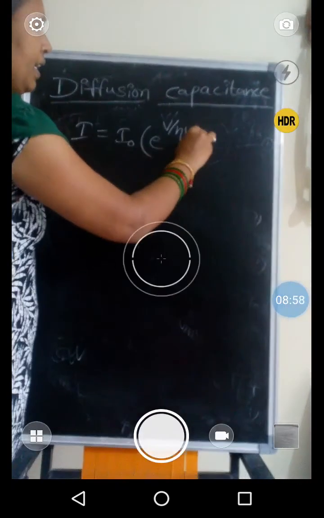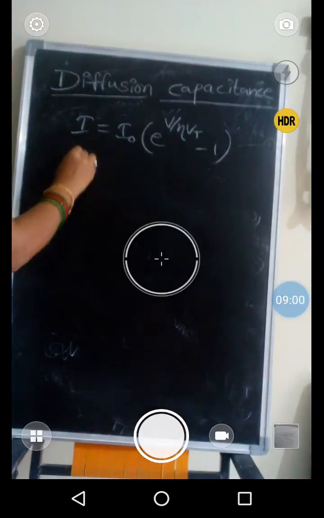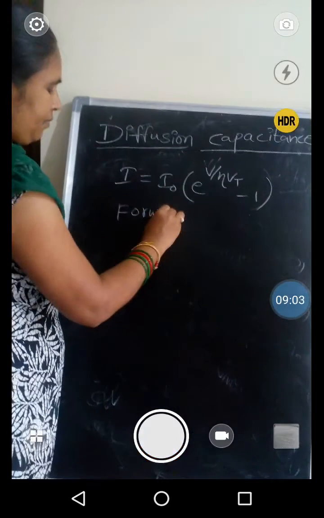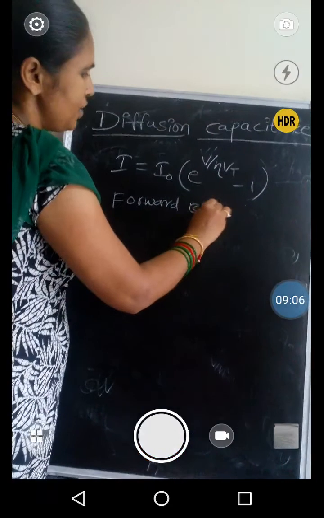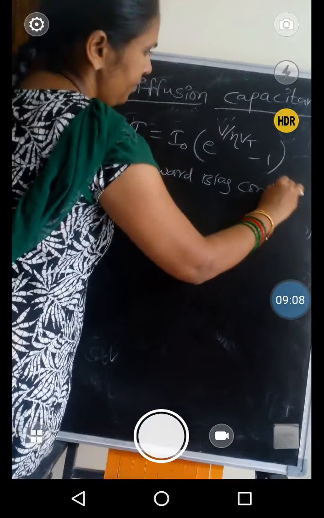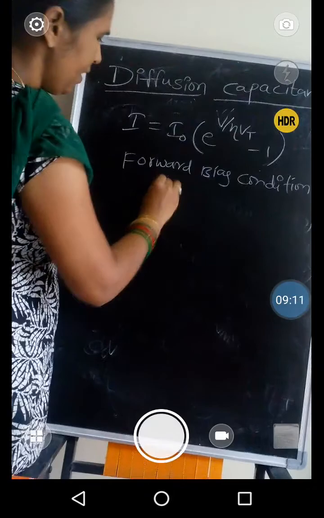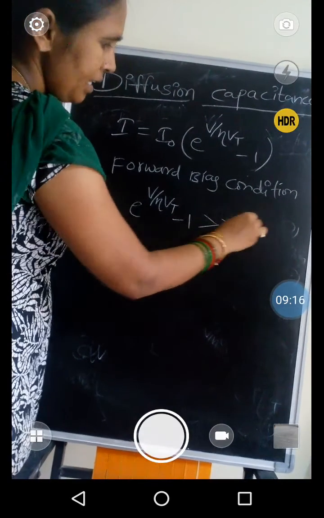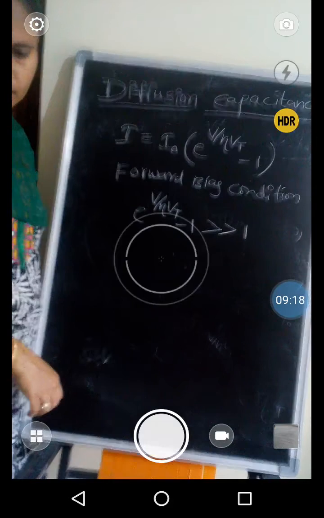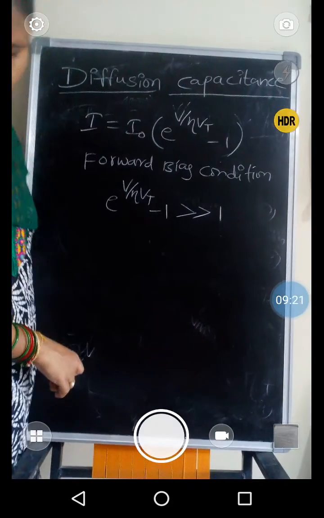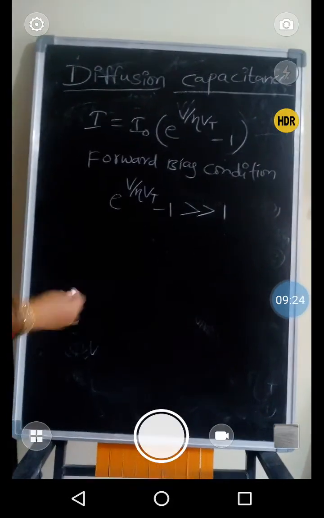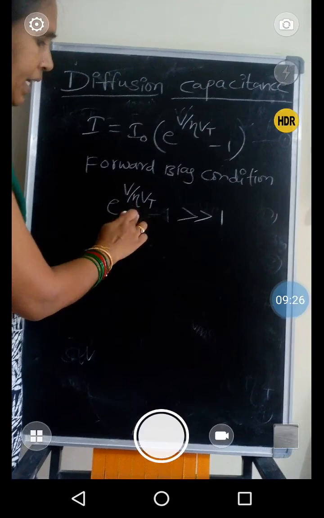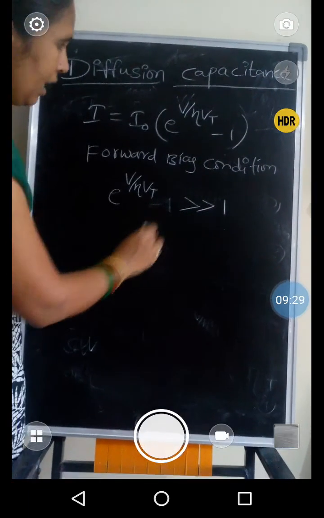You know the current formula I equals I naught into e power V by eta Vt minus 1. In forward bias condition, e power V by eta Vt is greater than 1, so we neglect the 1.